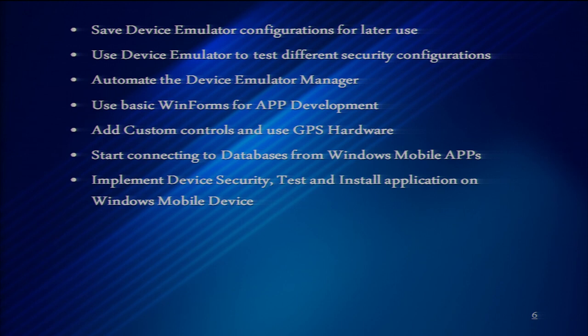Start connecting to databases from Windows mobile apps. This is a very important step, because normally mobile apps are self sufficient, they do not connect to the databases, they show you a location, they show you the point where a particular consignment had reached, etc. But it is also possible for mobile apps to connect to databases, and you can replace your PC, laptop and other devices with your mobile, and you can do everything using your mobile.